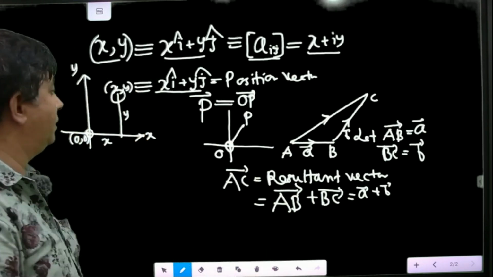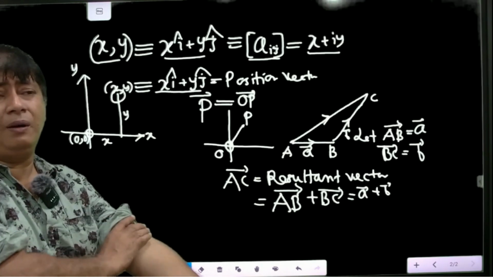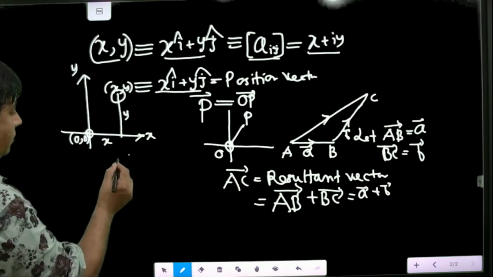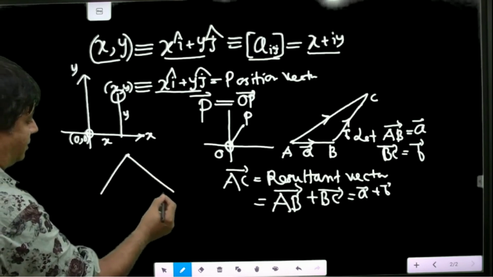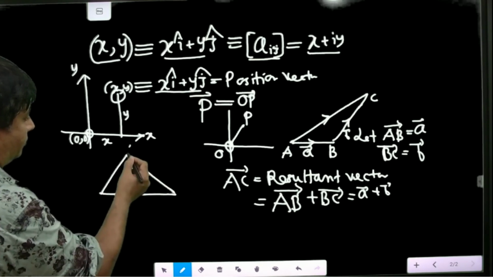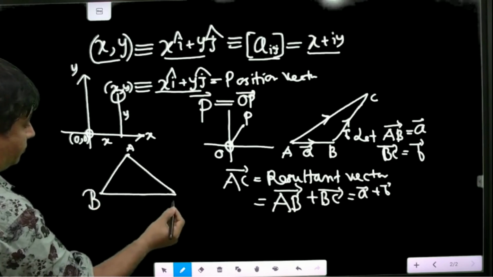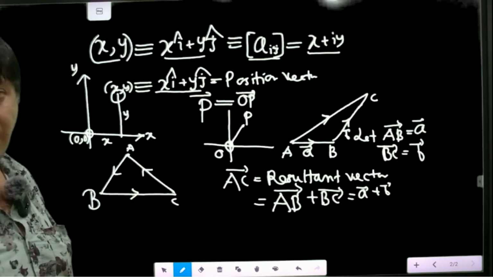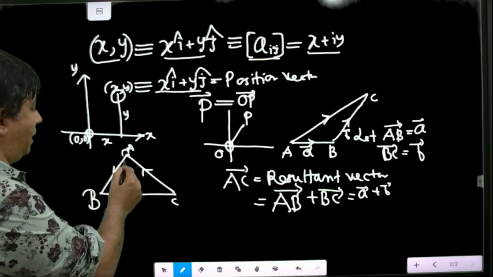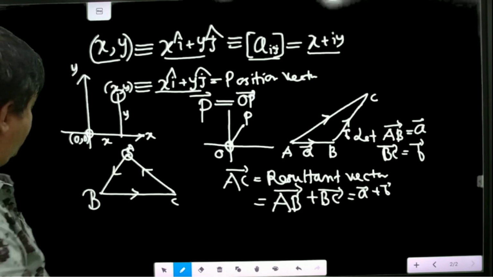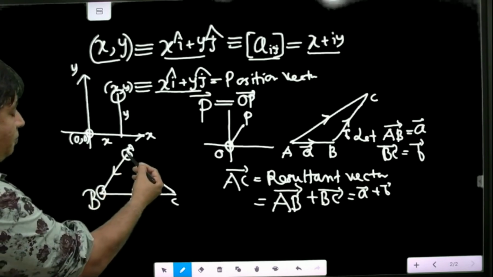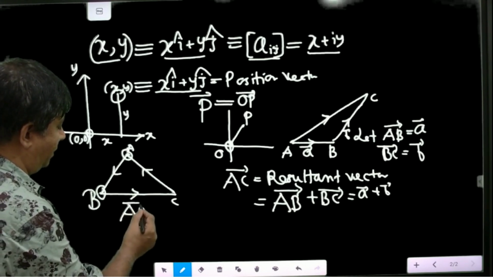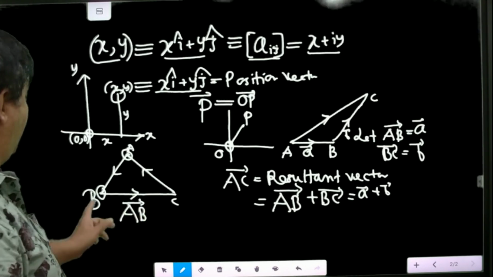Okay. Now, what about the triangle law? Suppose there is a triangle like this. Give the sign. What is meant by that? A particle has initial position A. Now it is displaced from A to B. I will represent it by AB with arrow sign.